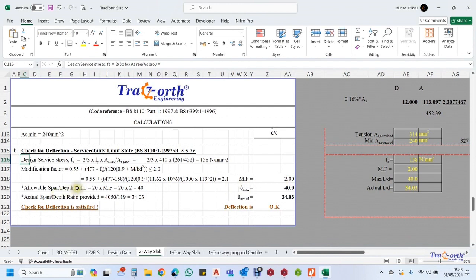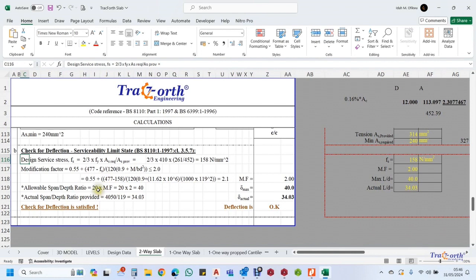So the allowable span depth ratio will now be what? 20, which is also specified in the code, depending on the support condition. Is it continuous? Is it this? In this particular case, it is 20.